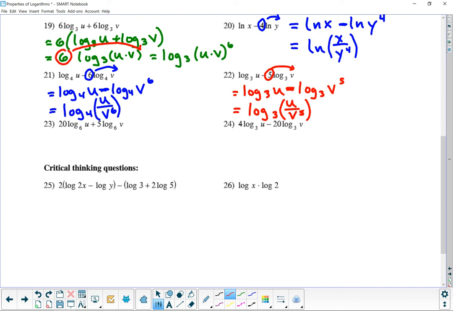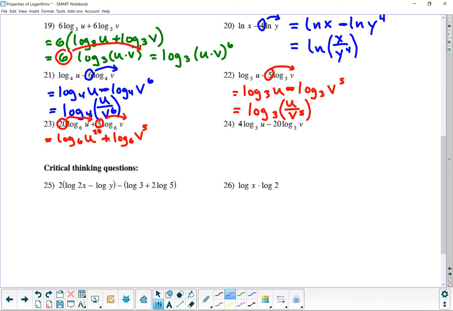Okay, a couple more. 23, noticing that this right here can be brought to the back of the u as an exponent, and the 5 can also be brought to the back of the v as an exponent. So I'm going to rewrite this as log base 6 of u to the 20th power plus log base 6 of v to the 5th power.